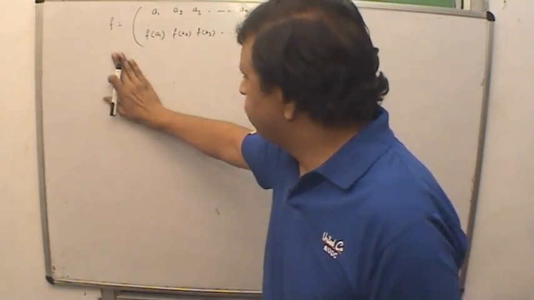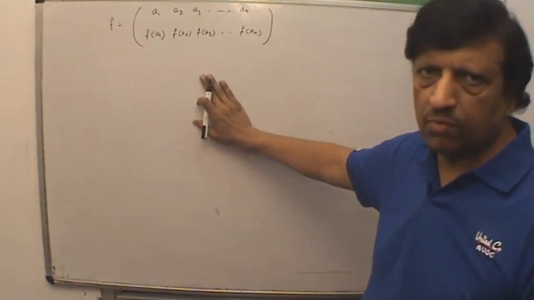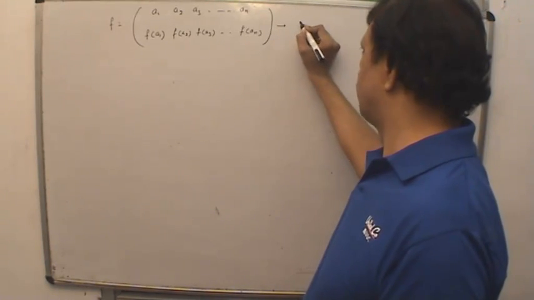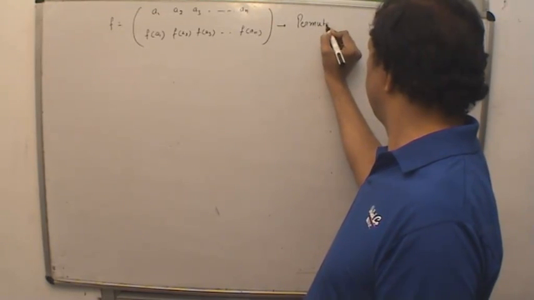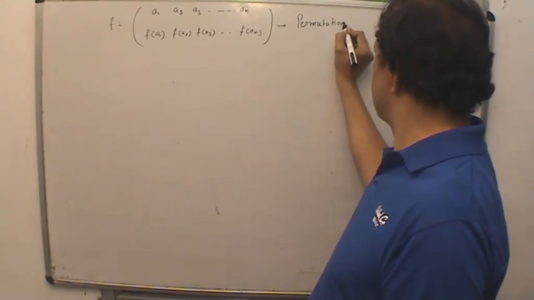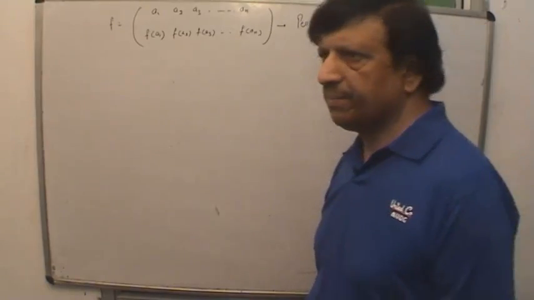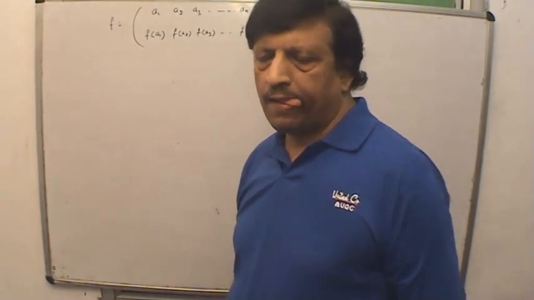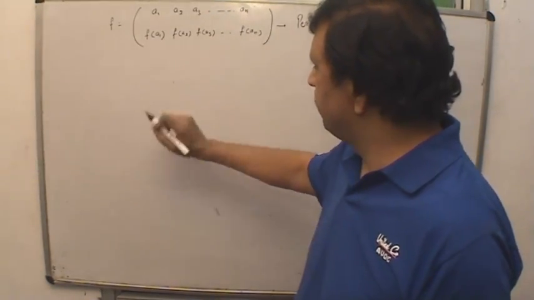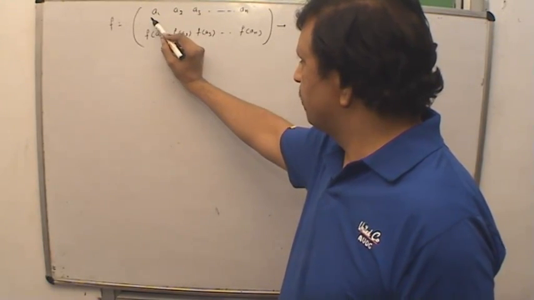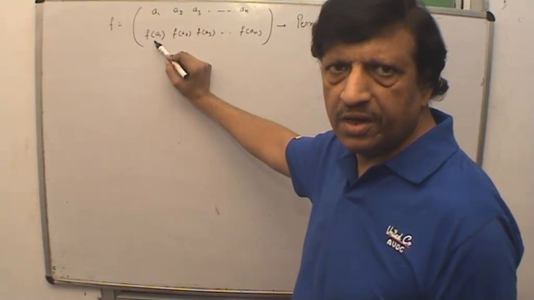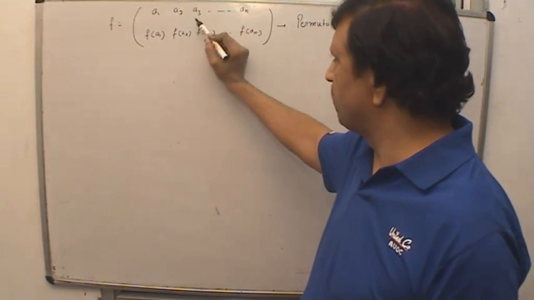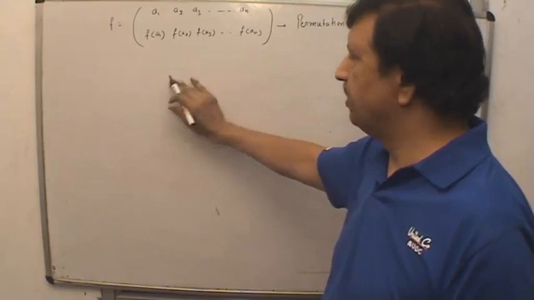If we write the function in this form, we call it a permutation. Simply, we write the first object and below that its image. Object, image, object, image.